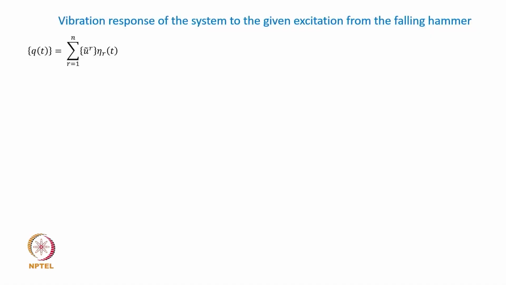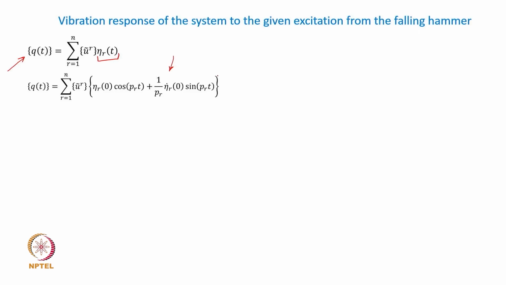And how do you get that? Again, the baseline expression here is that we start with this expansion of the physical coordinates to generalized principal coordinates, and when you write eta r(t) for the rth mode, the response in the rth mode is given by the general solution of this vibratory response, considering eta r represents a decoupled system in the rth mode.